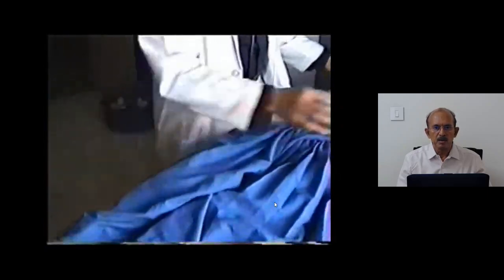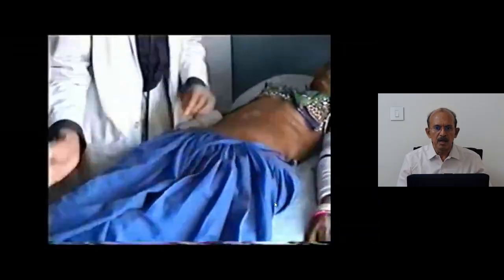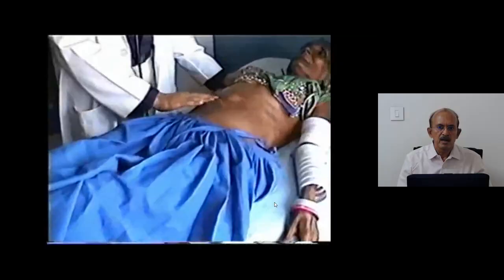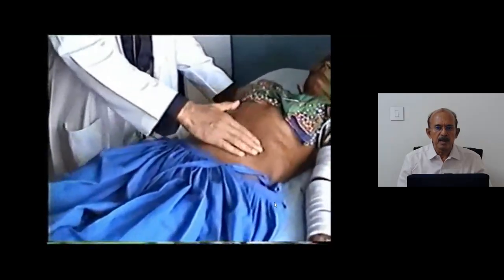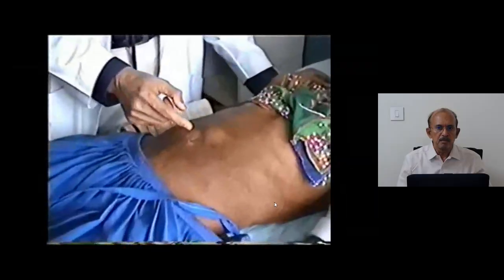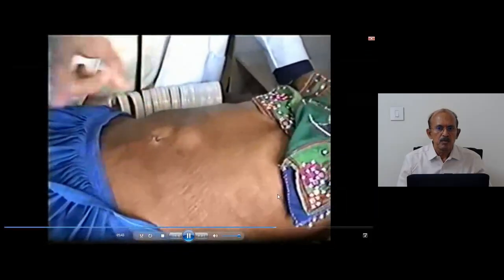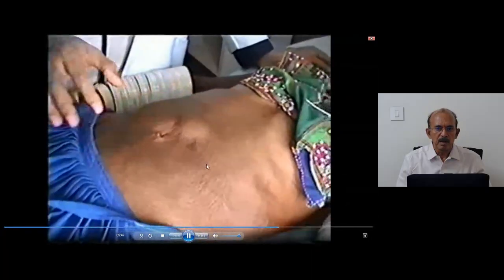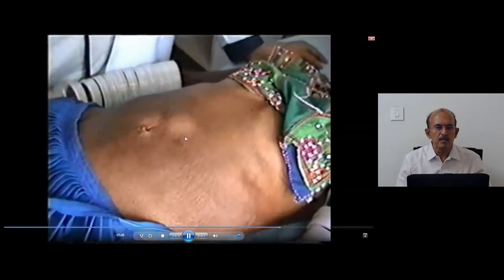Make the patient raise the lower limbs straight. The abdominal wall becomes taut. Then you feel for the lump. The lump has become more prominent. In spite of the abdominal contraction, you are still seeing the lump.